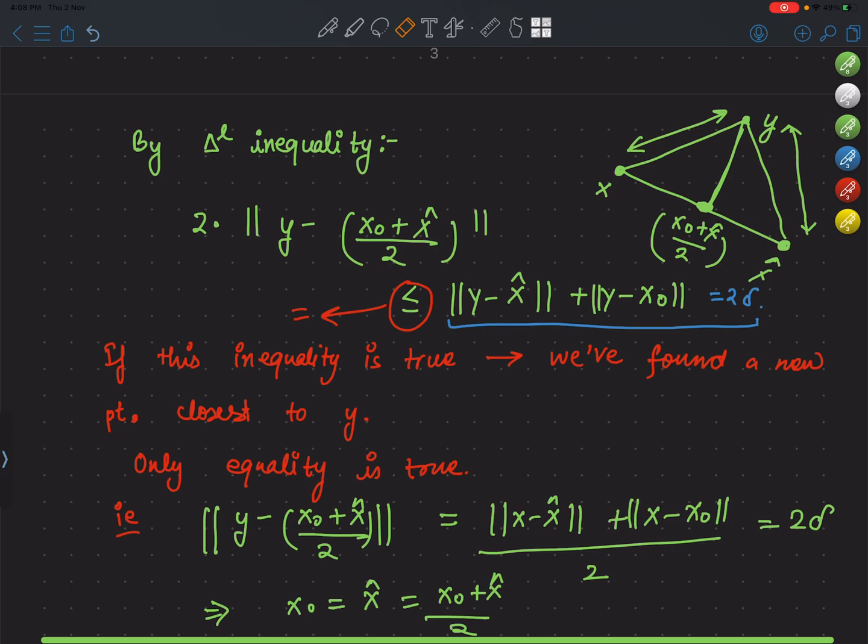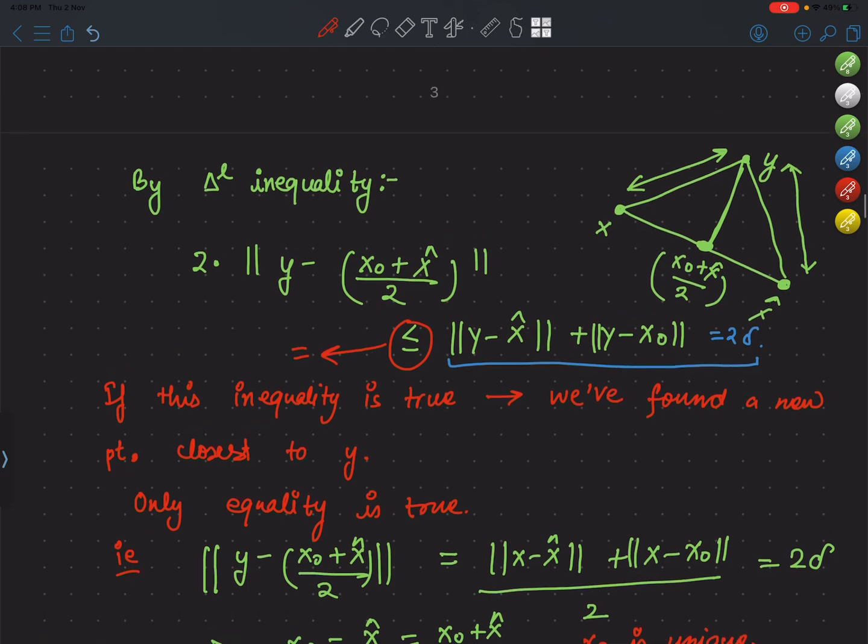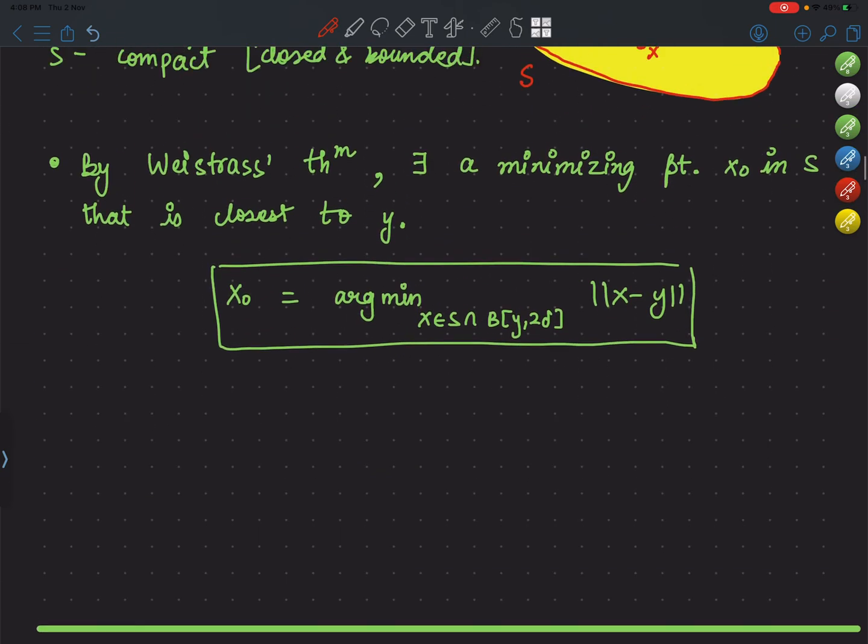So this proves uniqueness. x₀ is unique. So we have proven uniqueness also.